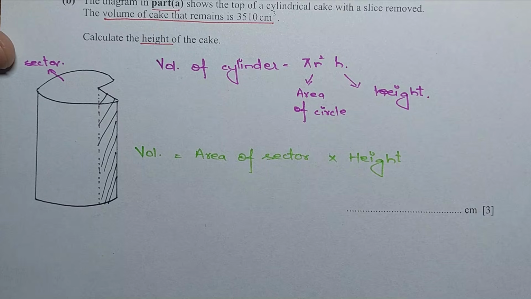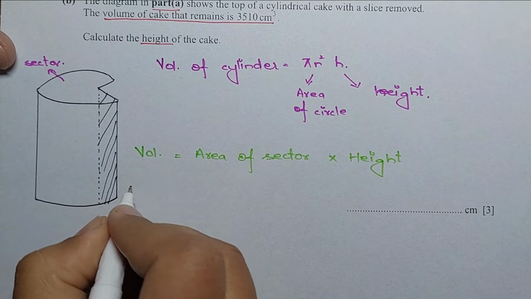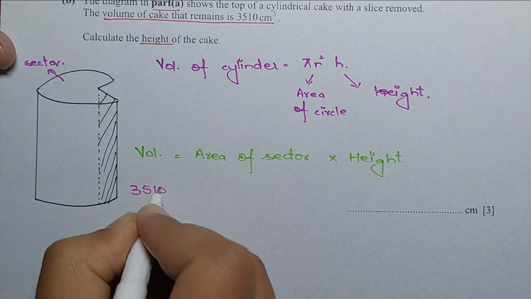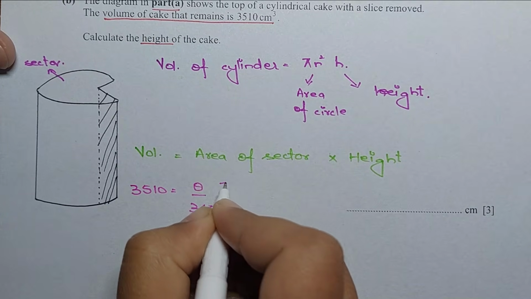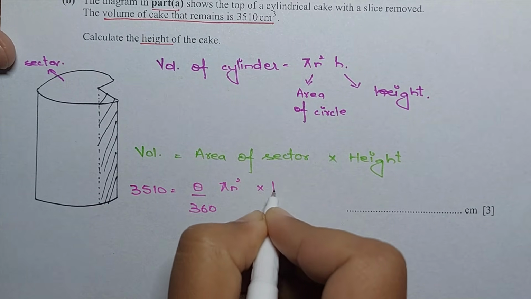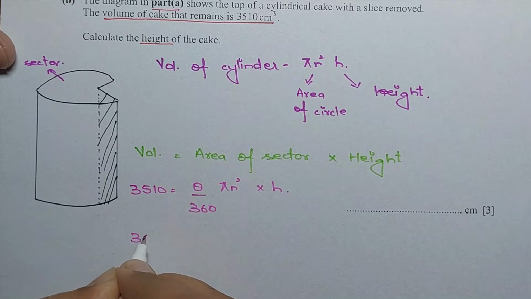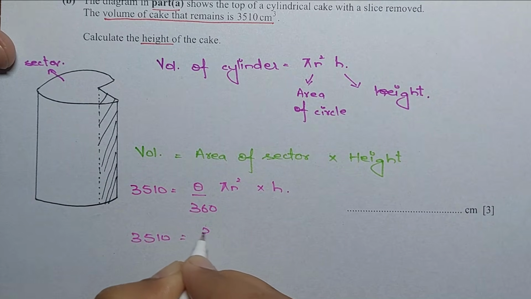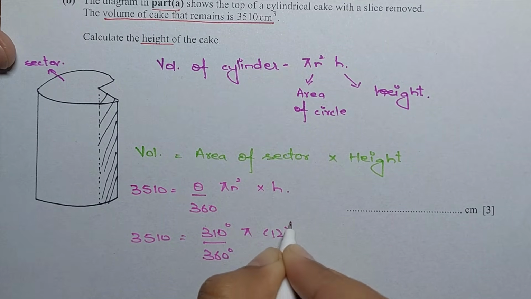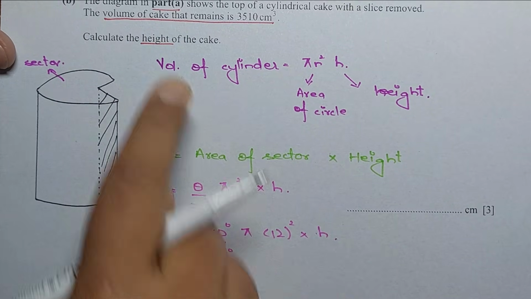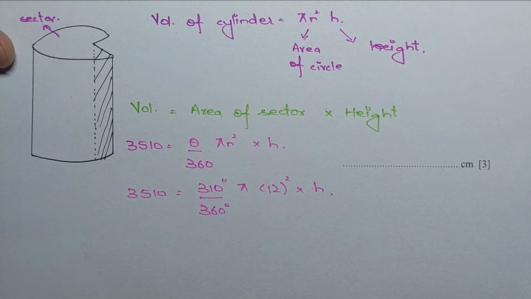All right. So as we have been given the remaining volume, which is 3510, the area of a sector is theta over 360 and pi r square, and multiply it by the height. So 3510, theta is 310 degrees over 360 degrees, pi, the radius we have been given is 12, and the height we have to solve. Let me do this.